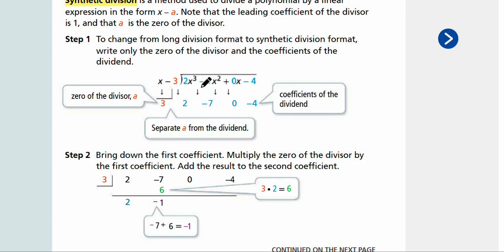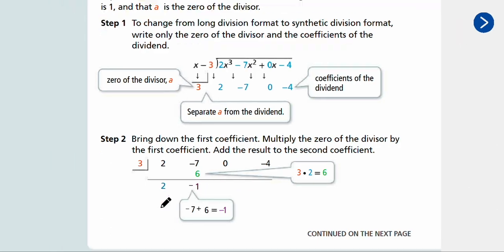Because if we multiply the entire binomial, we're not just going to multiply 2 by x, we're also going to multiply 2 by -3, and then we'll have -6, but we're subtracting that in a long division, right? So it just becomes a positive, and we can just add them, which is -1.